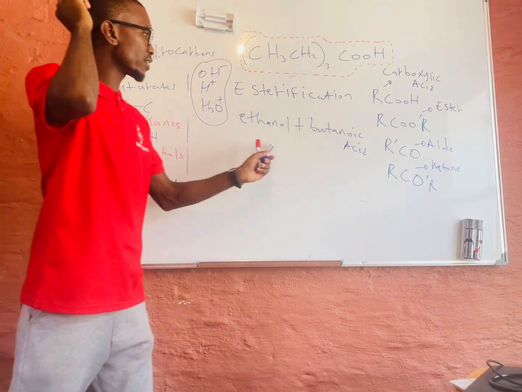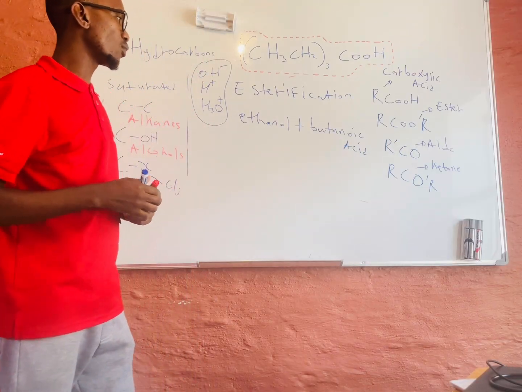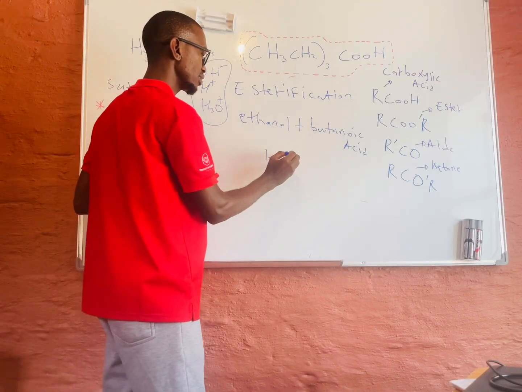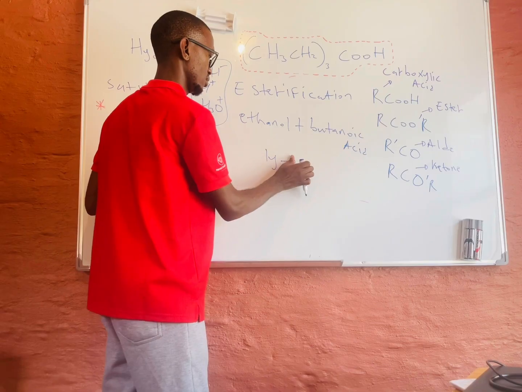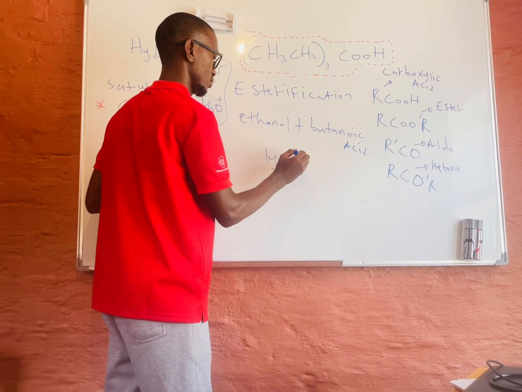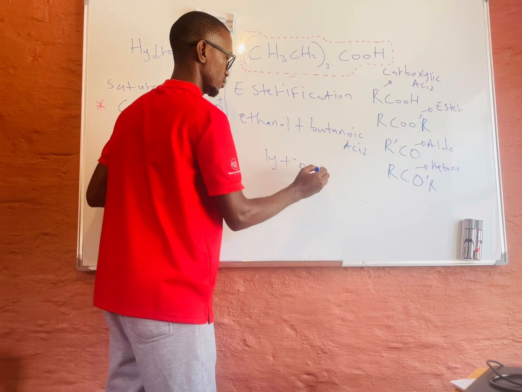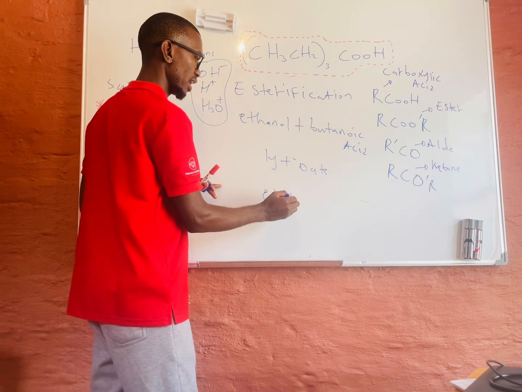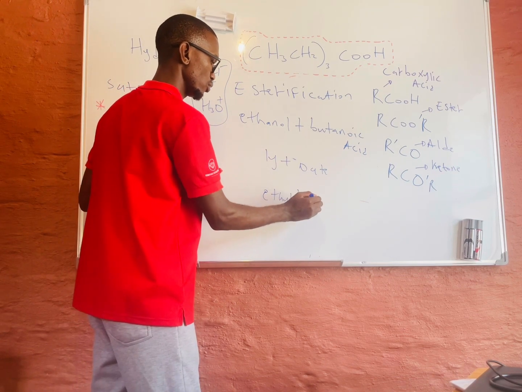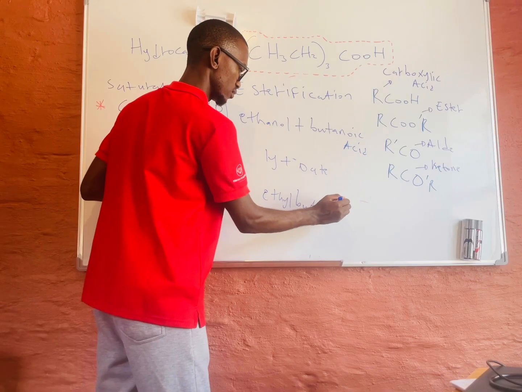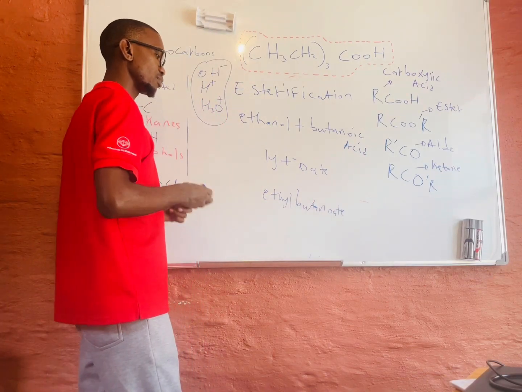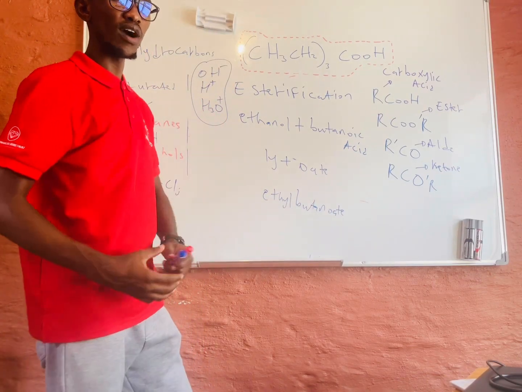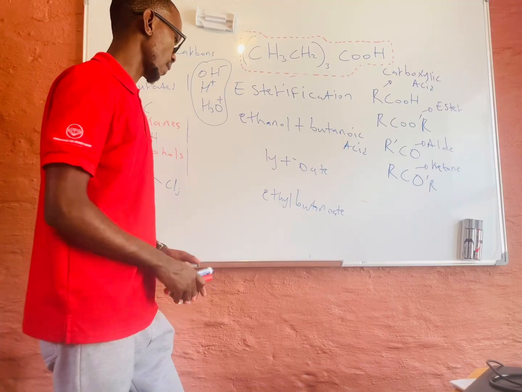What are we expecting? We'll end up having ethyl butanoate. Ethyl butanoate is going to be the product of our ester. Okay? Awesome.